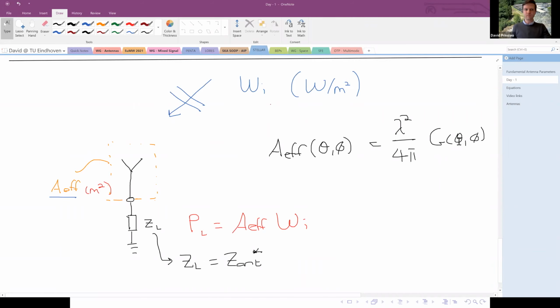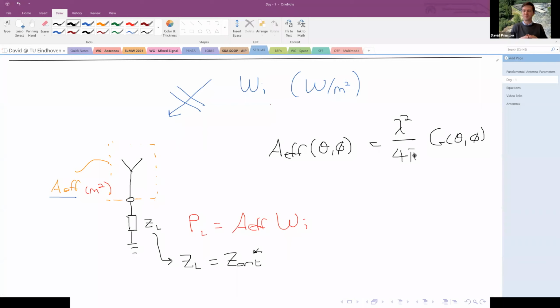Of course, you can now ask, okay, but why not just use the physical area of the antenna? It's handy to have this relation to gain, because sometimes an antenna's collection area can appear larger than its physical area.